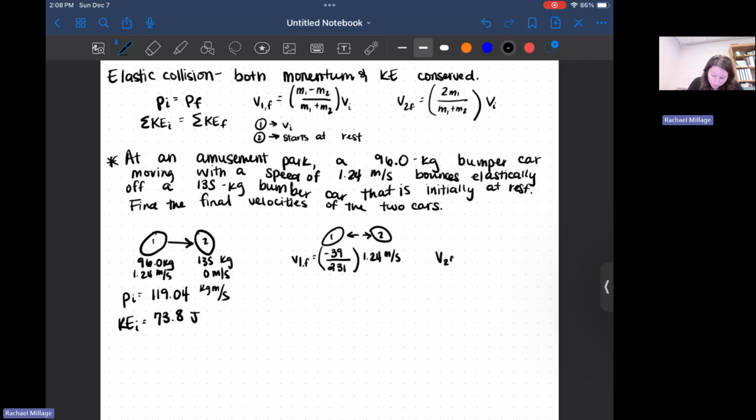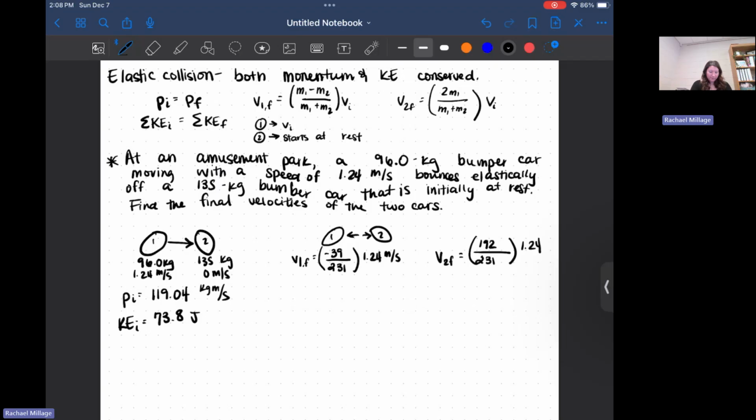My final velocity for the second bumper car is going to be equal to 2 times mass 1, which is 2 times 96, which is 192, divided by the two masses added together, which we already said was 231, times my initial velocity, which is 1.24.